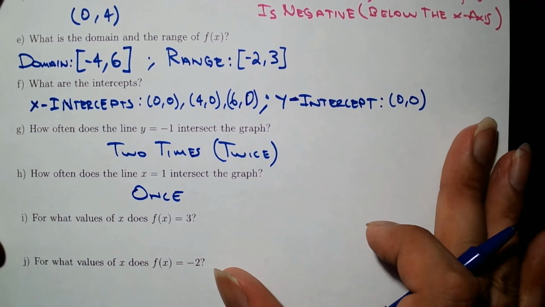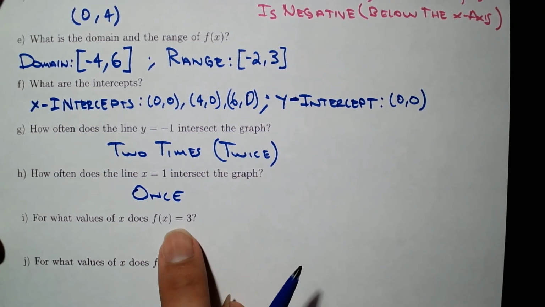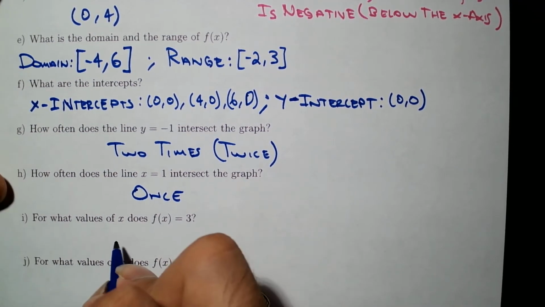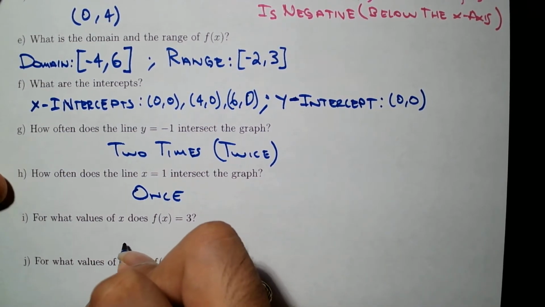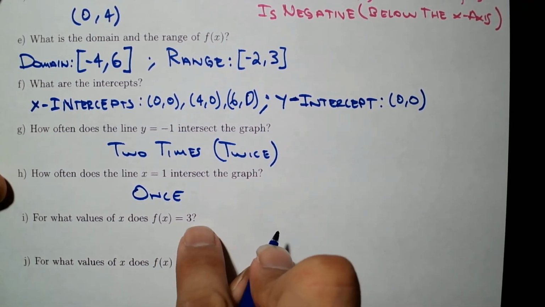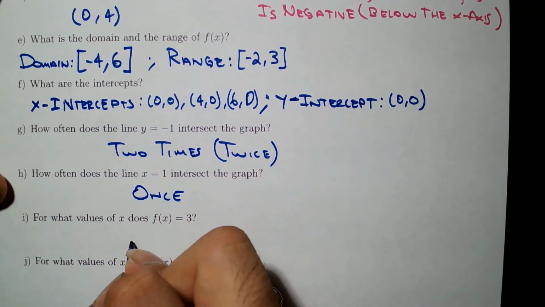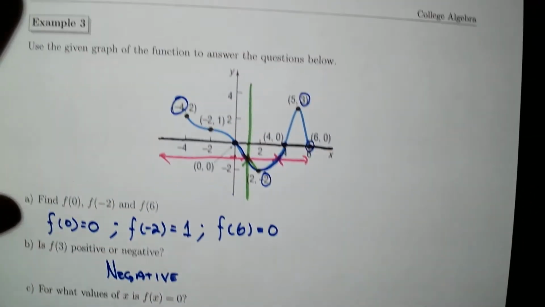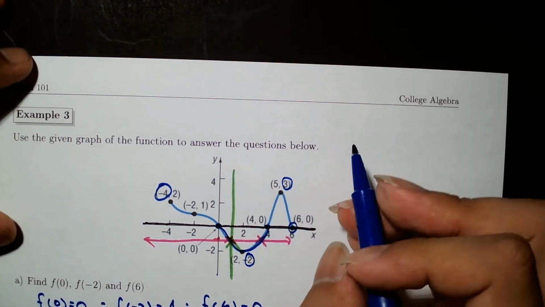For what values of x does f of x equal 3? In other words, they're asking us for the values of x for which the y value equals 3. So where do we get y equals 3?